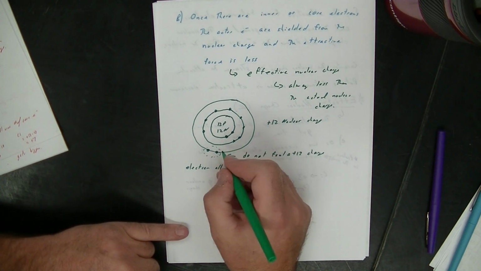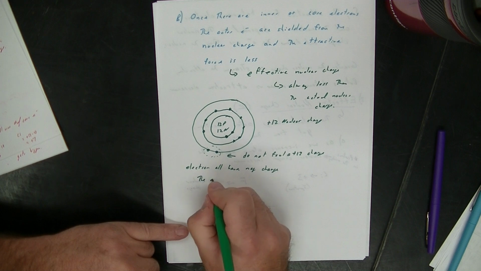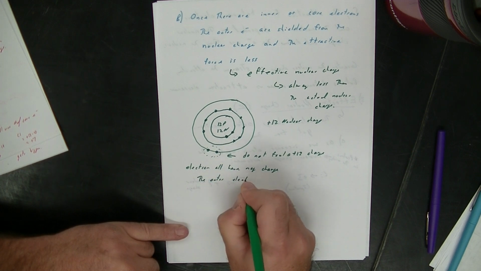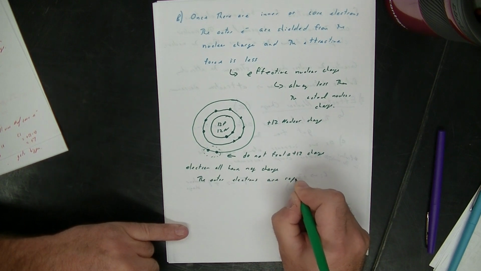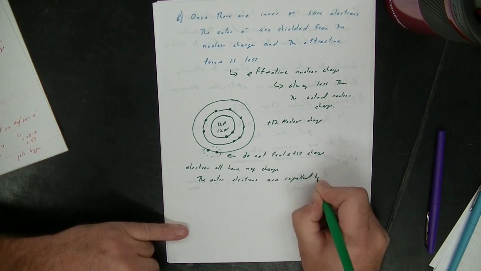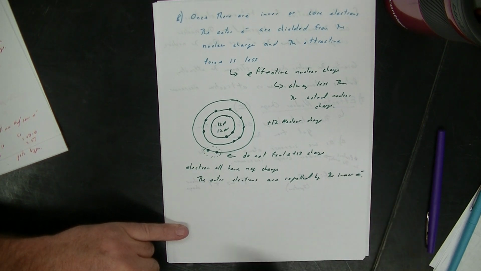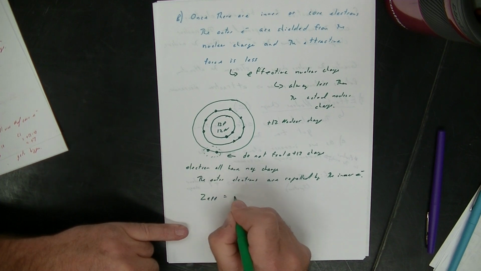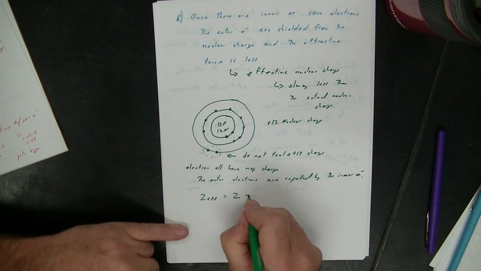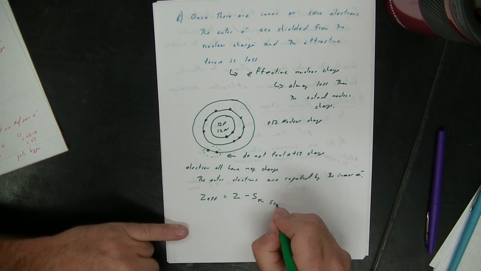So the outer electrons are repelled by the inner electrons. And we get this equation: Z effective, Z eff, equals the nuclear charge Z minus S. And S is called the screening constant.